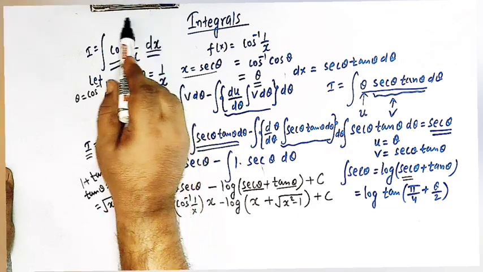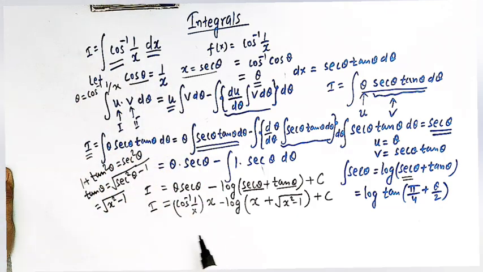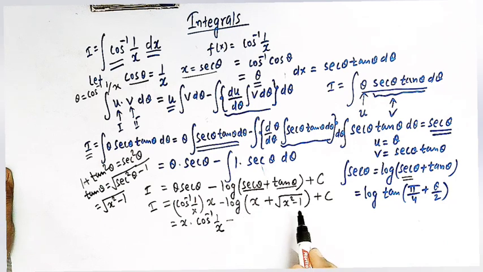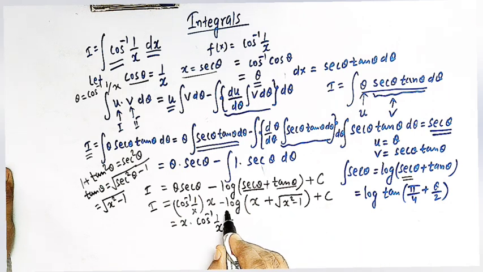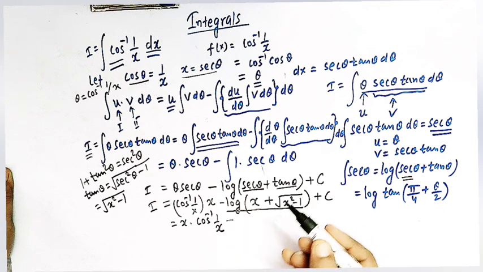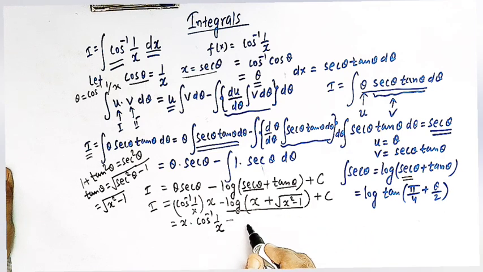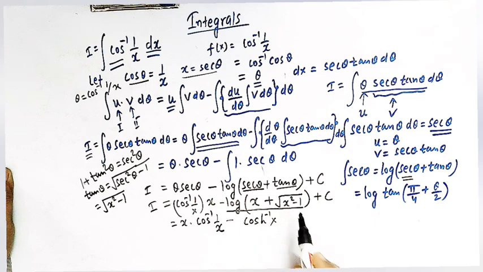So the value of this integral is given by x times cos inverse of 1 over x minus log of x plus square root of x square minus 1, plus c. For this term, we can use the inverse hyperbolic function, and we know that the inverse hyperbolic function of cos x, that is cosh inverse x, is equal to log of x plus square root of x square minus 1.